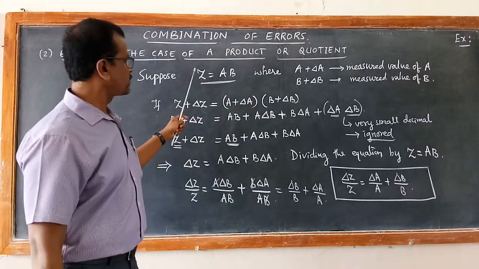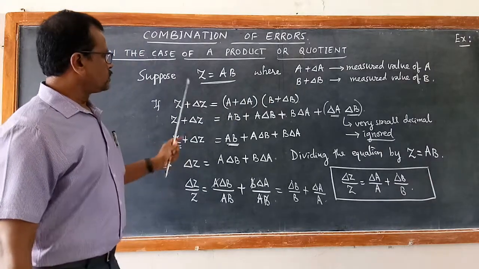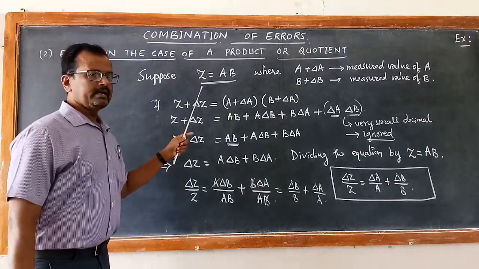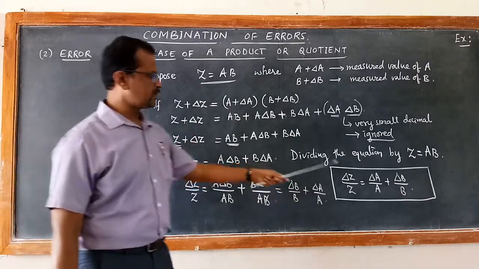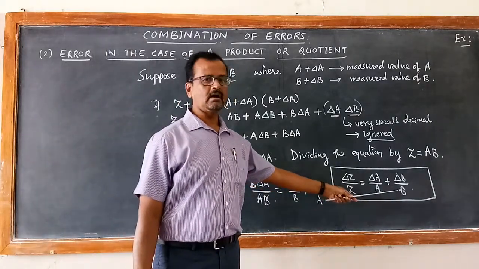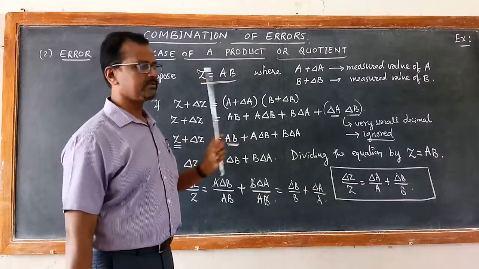If it is in the product form or in the quotient form, then the total relative error in the result is equal to the sum of the relative errors of the physical quantities.